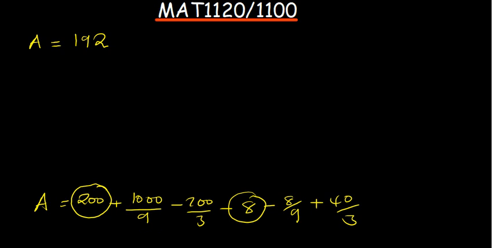Mathematicians, what are we going to get? Oh, this is 1000. 992. The denominator is the same, so just write the same thing.